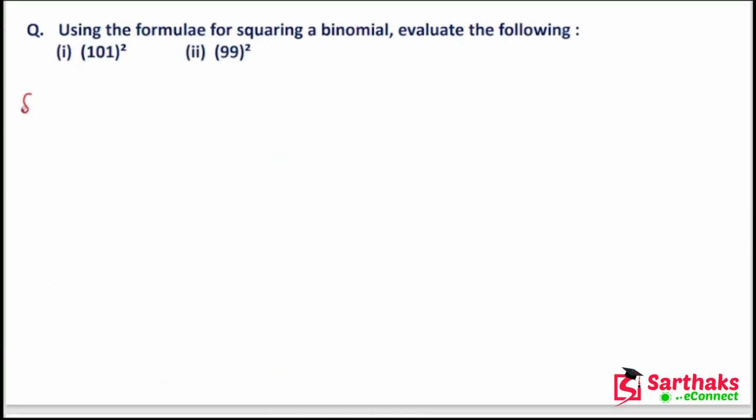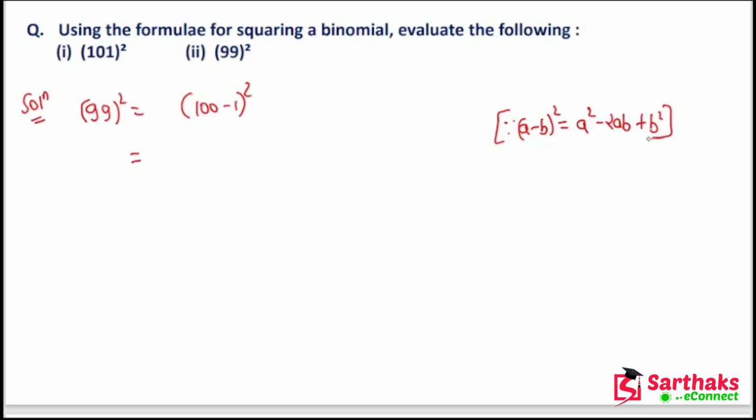So again you can very well imagine what I will do now. See, 99 square is also tedious to calculate, so I will write it like this, 100 minus 1, because calculating squares of multiples of 100 is very easy. So I am going to use a minus b whole square. So I can write a minus b whole square equals a square minus 2ab plus b square.